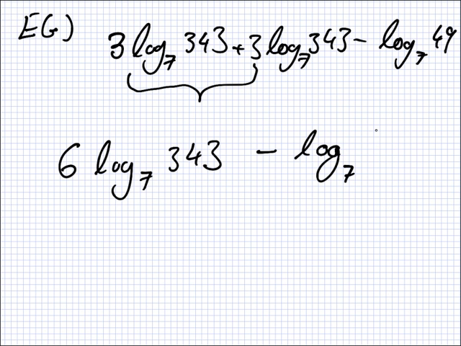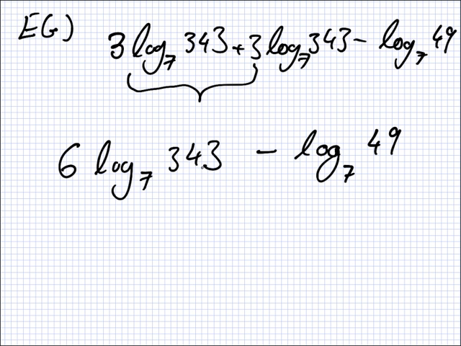So back to this one: log base 7 of 49. Now, why can't I use rule 2? What's stopping me from using rule 2? The 6. I can't use rule 2 if I have the 6 in it, so I need to do something else instead. I could do something with the 343.